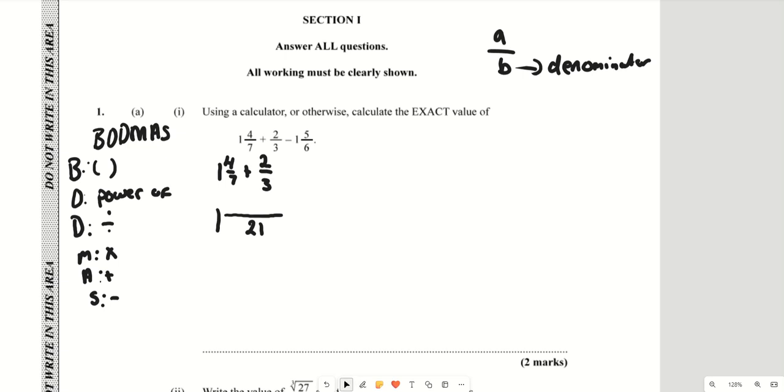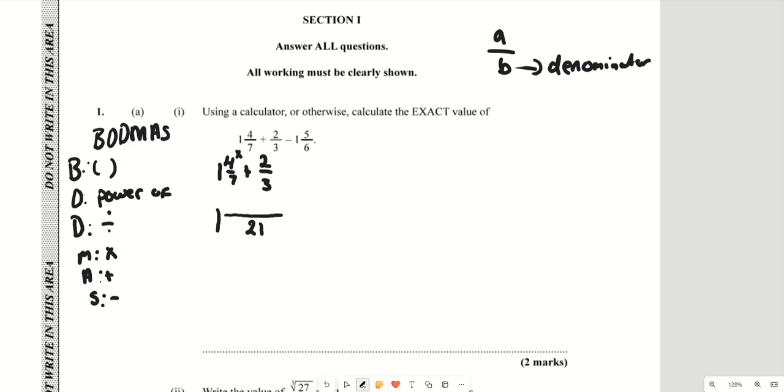Then after you find your LCM, you compare your denominator with the LCM. I ask myself how many times my denominator could go into my LCM. So how many times can 7 go into 21? 7 could go into 21 3 times.